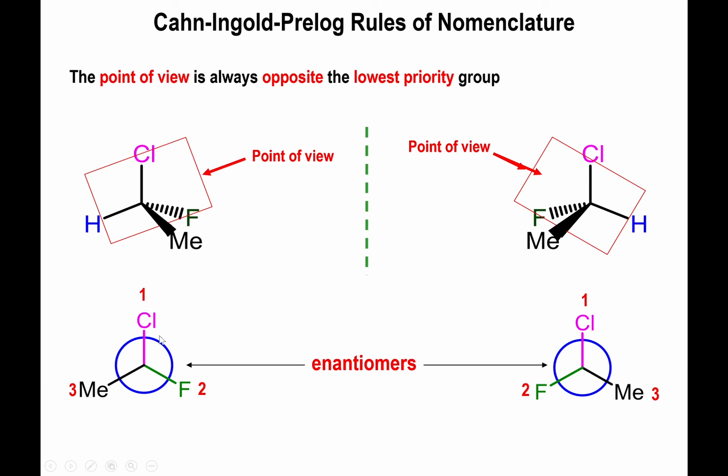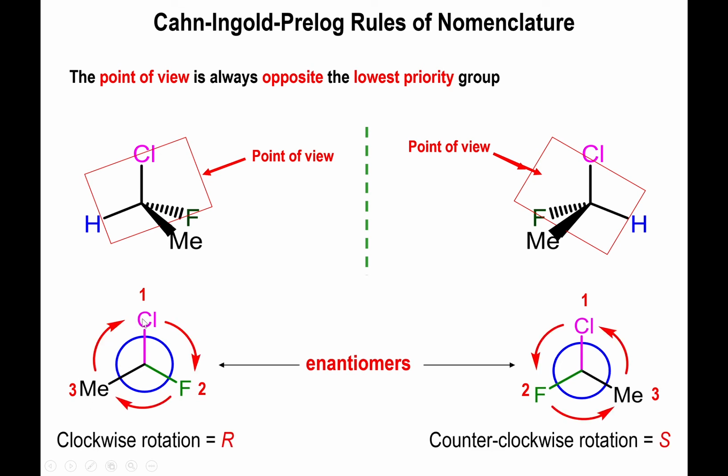You basically look at how the rotation takes place going from priority 1 to priority 2 to priority 3. And what you see here is that the rotation in the left molecule is clockwise, whereas in the molecule here on the right, the rotation is counterclockwise, going from priority 1 to priority 2 to priority 3 and back to 1.